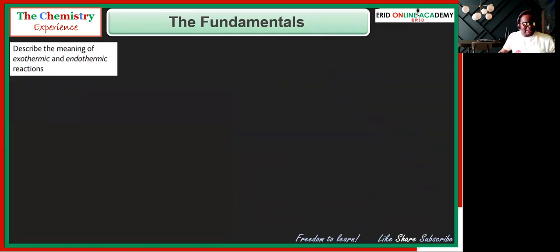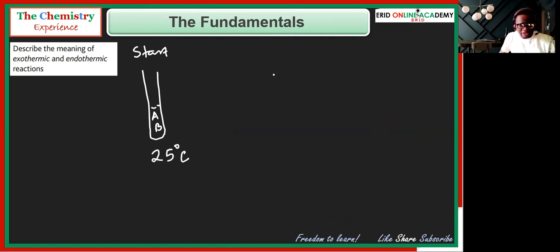So let's look at endothermic reaction. Let's assume that I have a reaction in a test tube, okay? This is the start of the experiment. I mix two things together in a test tube, let's say A and B, and the initial temperature was 25 degrees Celsius.